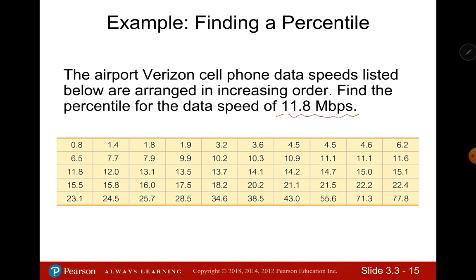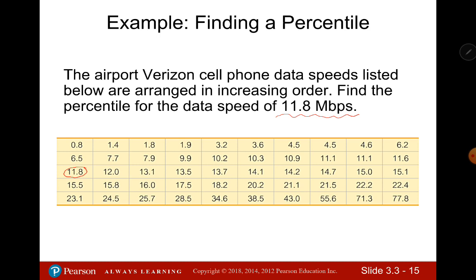So first of all, when you have a group of numbers, the very first step is to sort the data from the least to the greatest. But in this example, the data has already been sorted, right? It's already from the least to the greatest. And we can circle where 11.8 is. It's right here, 11.8.